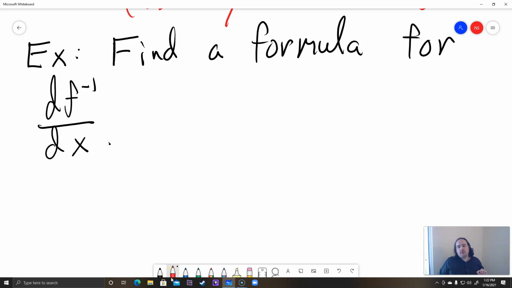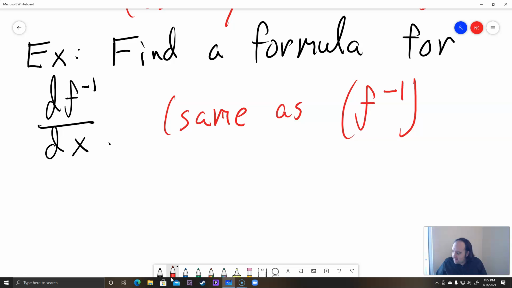All right, and note df inverse dx, that's the same as what I was writing above. So this is the same as f inverse prime of x. Okay, so it's the derivative of f inverse.